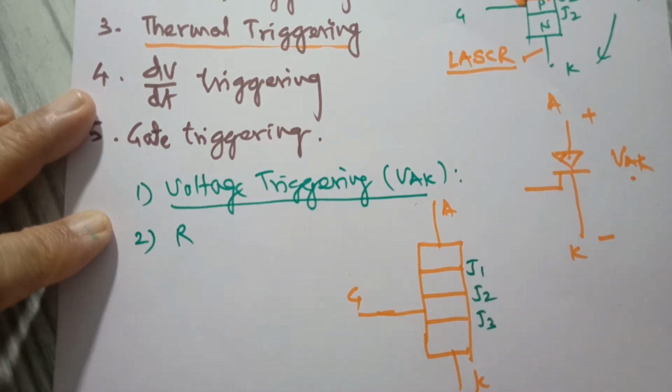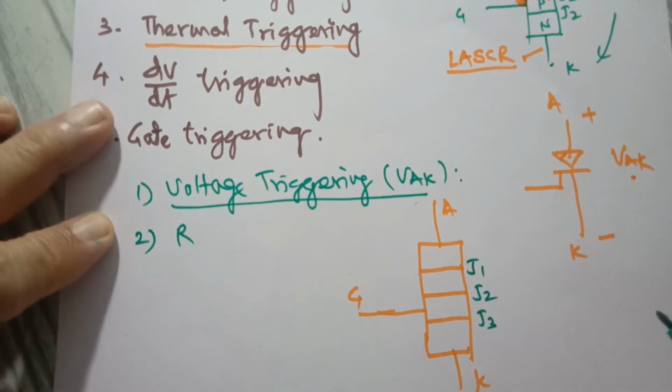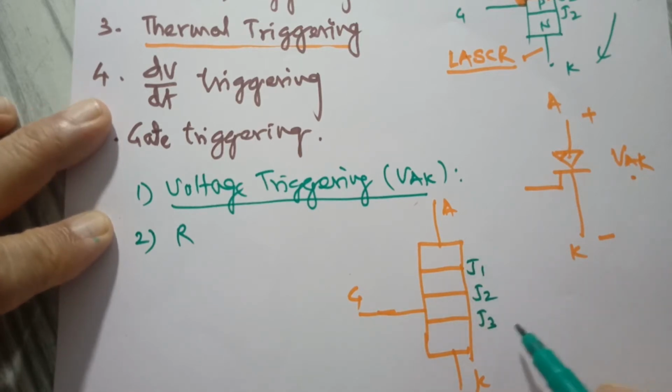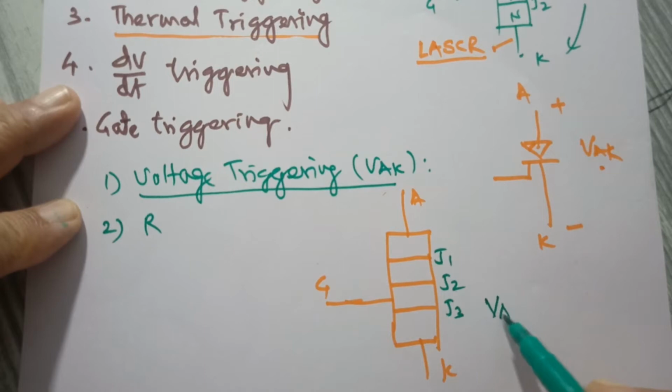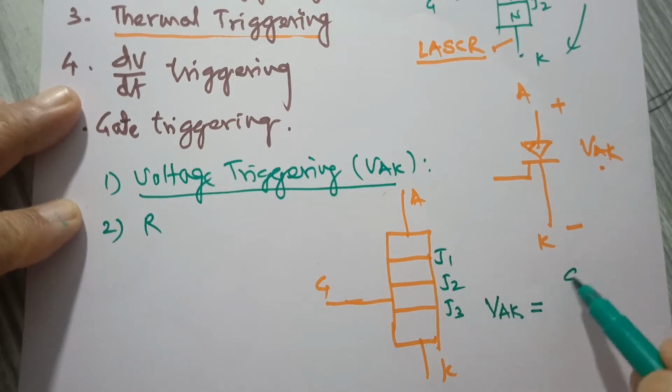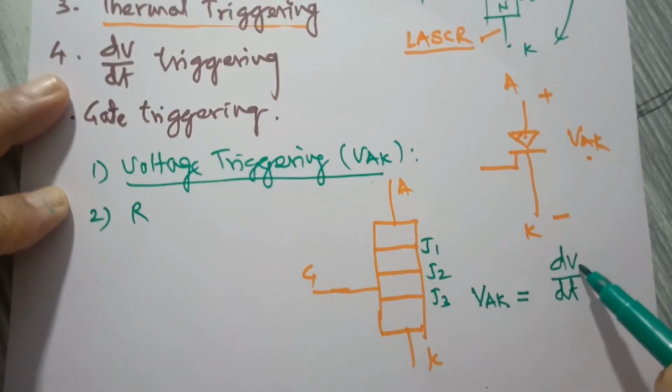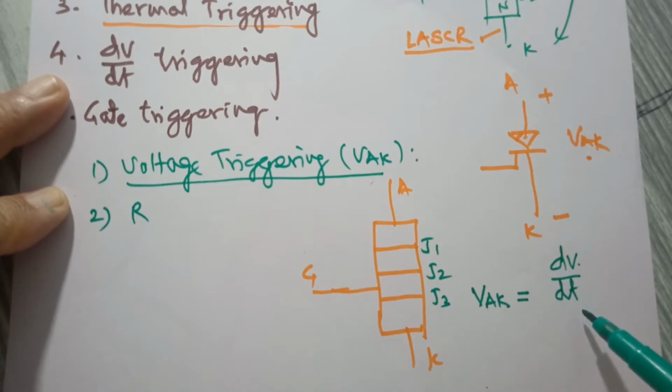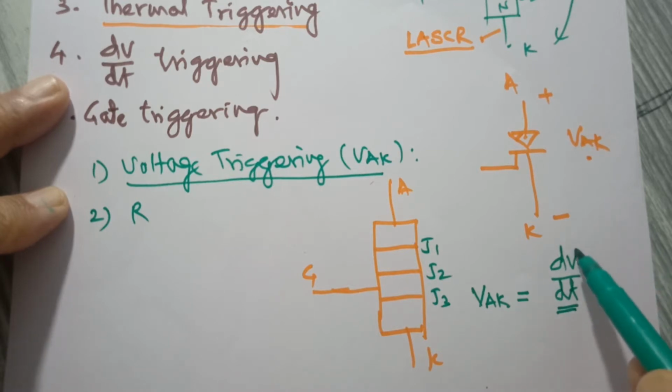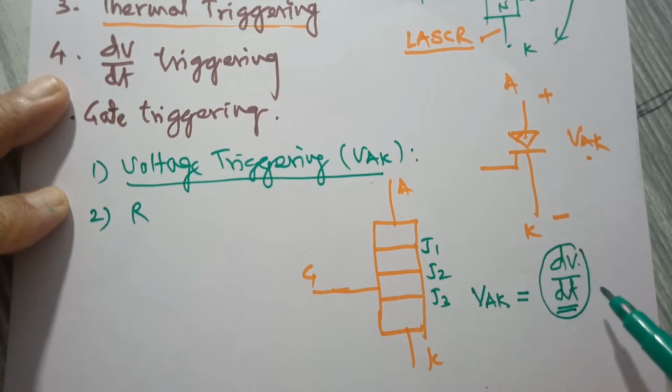So here the idea is that we are going to apply voltage between anode and cathode at a fast rate. dV by dt means the rate of change of voltage with respect to time. So the voltage may not be large, but if the time taken to rise to that voltage is small, in that case this will be a higher rate of rise of voltage.